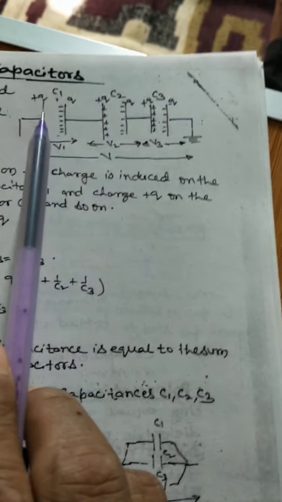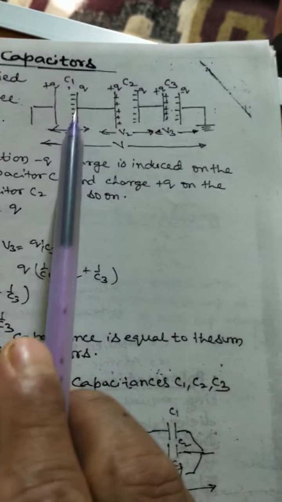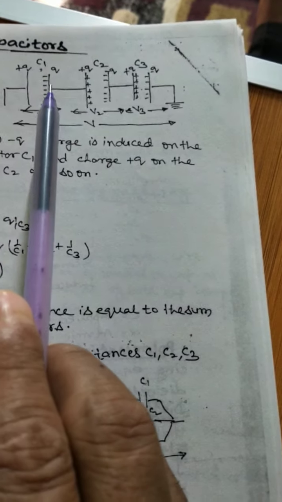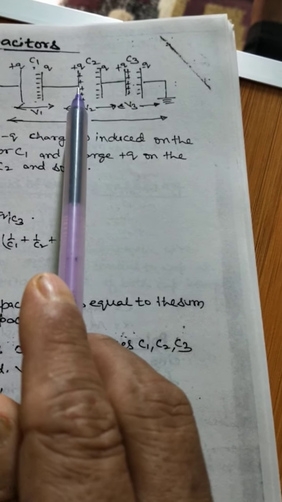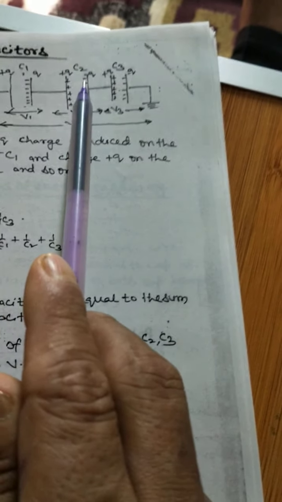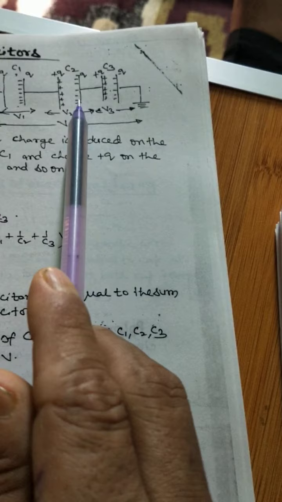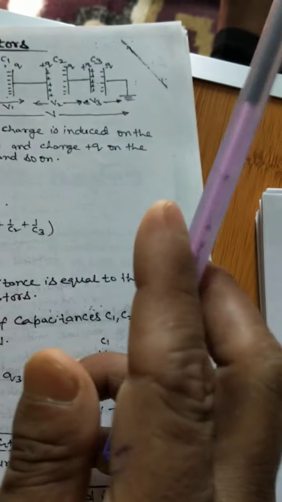Then due to induction, negative charge is induced on the inner side of the first capacitor and positive charge on the outside. That will transfer to the first plate of the second capacitor. Again the same, due to induction, negative charge here and positive charge outside will transfer to the third capacitor, and so on.